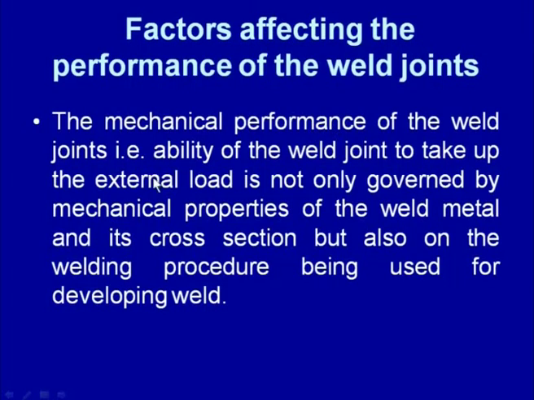So, the mechanical performance of the weld joint, indicating the ability of the weld joint to take up the external load, is not only governed by the mechanical properties of the weld joint and its cross sectional area, but also depends significantly on the procedure being used for developing the weld.